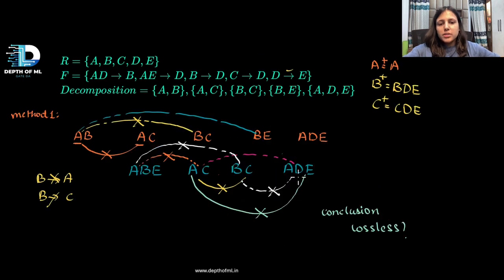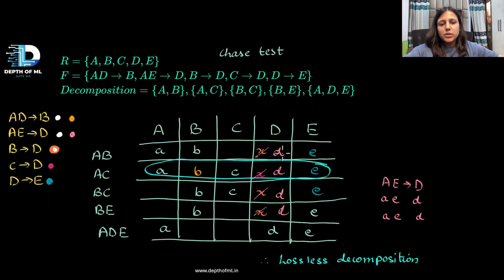But what we saw in the successive joining was that it was saying that it's a lossy decomposition, right? Because we were not able to combine the tables completely into one table using the common attributes. So we thought in successive joining and successive combining of these tables, this was lossy. But the chase test actually gave us the right result, which is that this is a lossless decomposition.